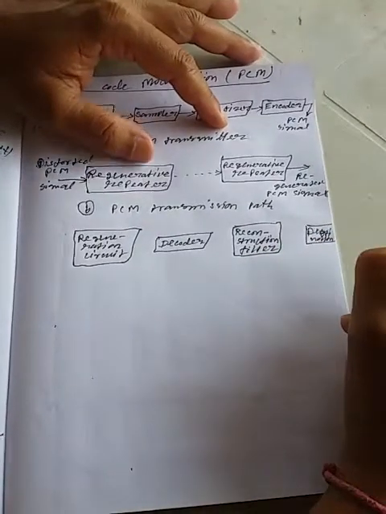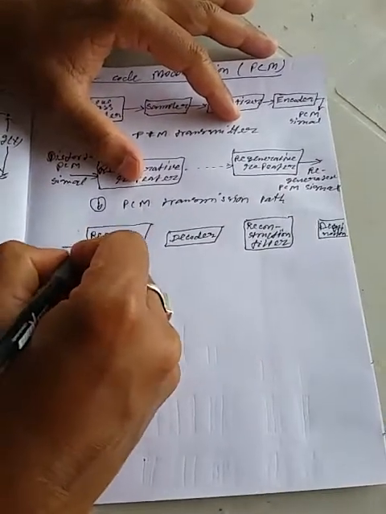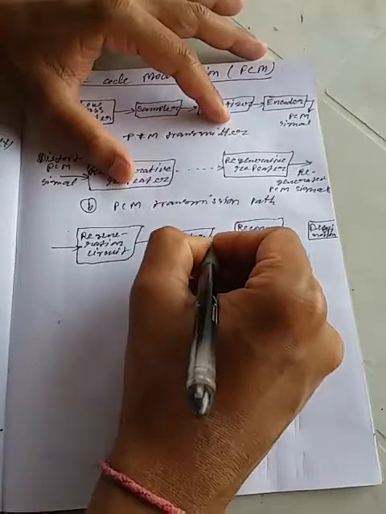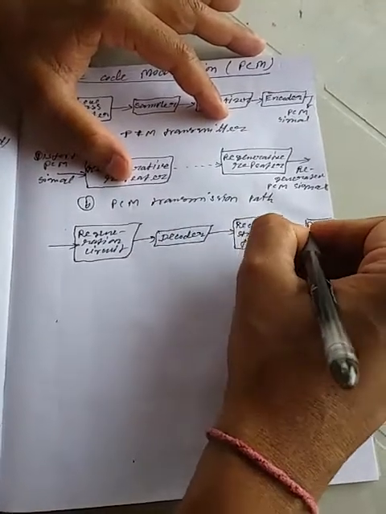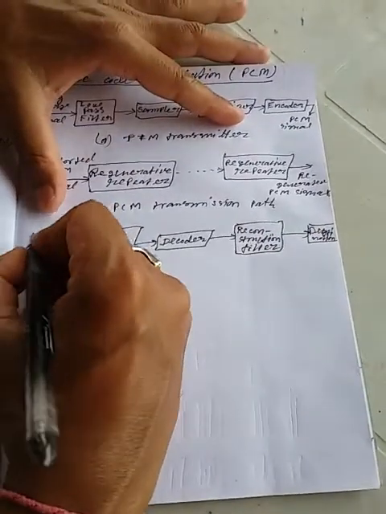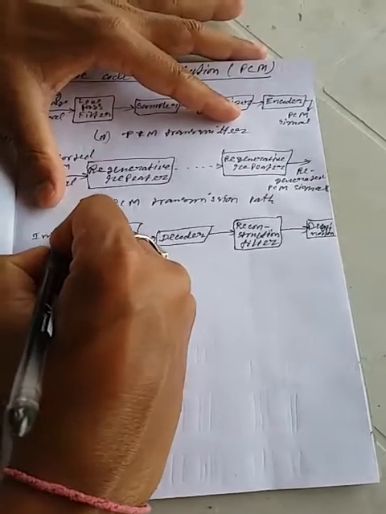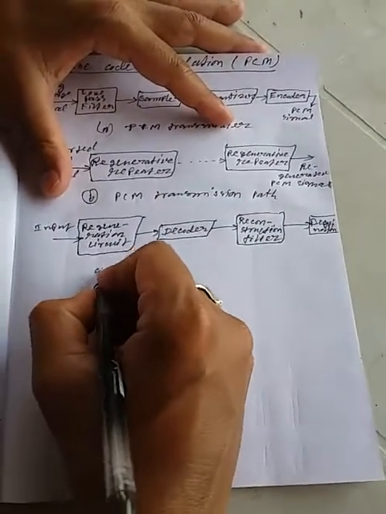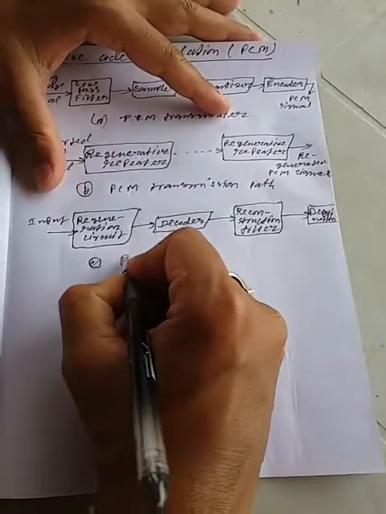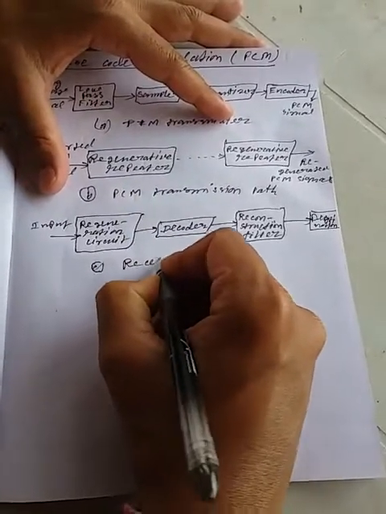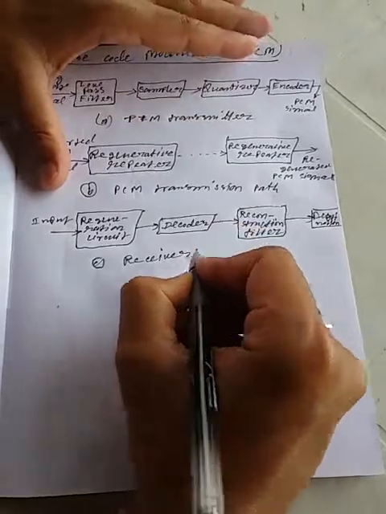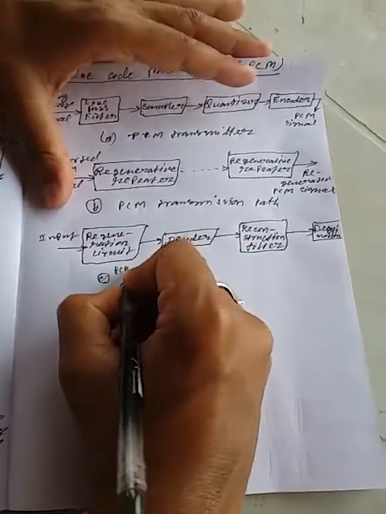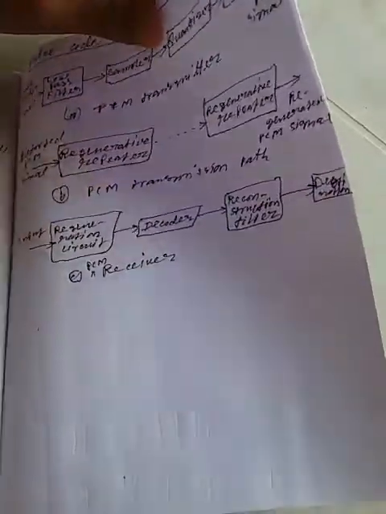So this is the destination point. Okay, so this is the demodulation portion. So here is the input and the destination. Okay, so this figure is for the receiver or PCM receiver, right? PCM receiver.